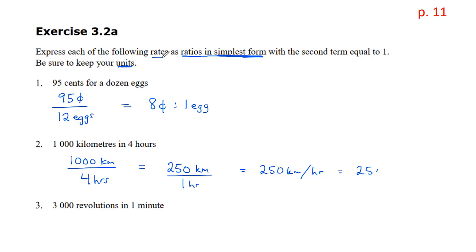Or 250 kilometers colon 1 hour. As we learned in lesson 3.1, there's a few ways you can express rates and ratios. For number 3, 3,000 revolutions in 1 minute. Notice that the unit is already down to 1. So this one, we just have 3,000 revolutions in 1 minute.